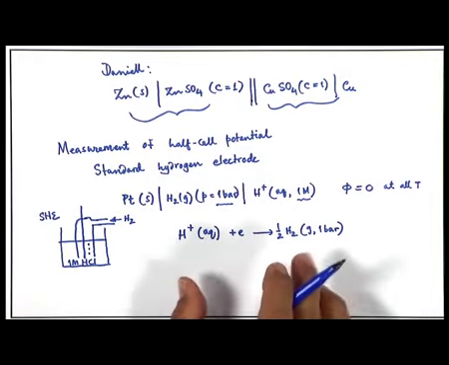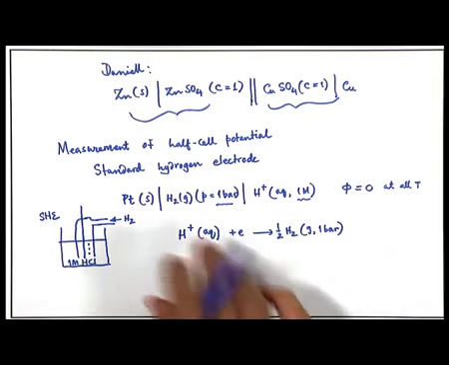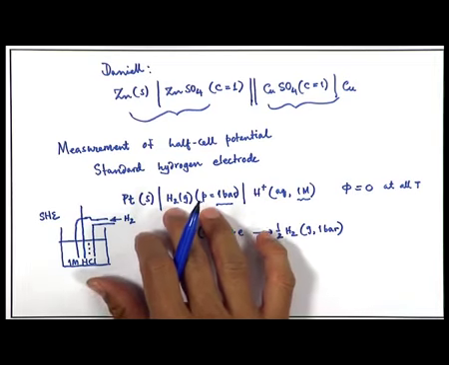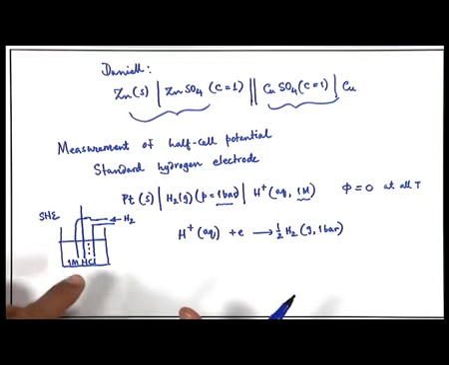That means you construct the complete cell where one of the two electrodes will be this standard hydrogen electrode, and then find out the EMF of the cell, maybe at 298 Kelvin, and this EMF will be exactly equal to the potential for the unknown half cell.